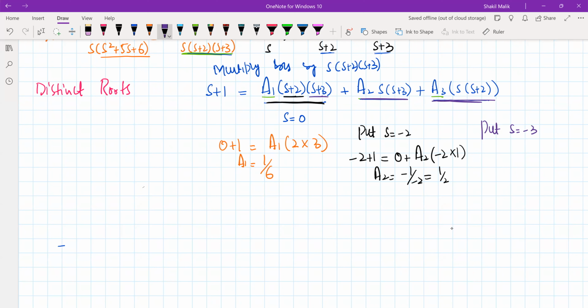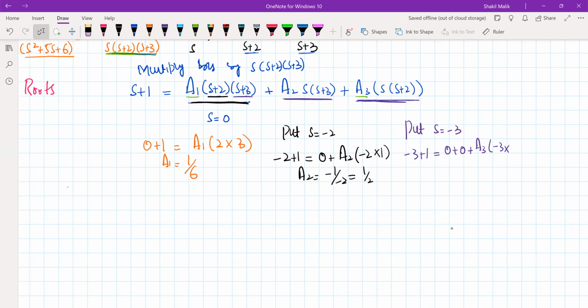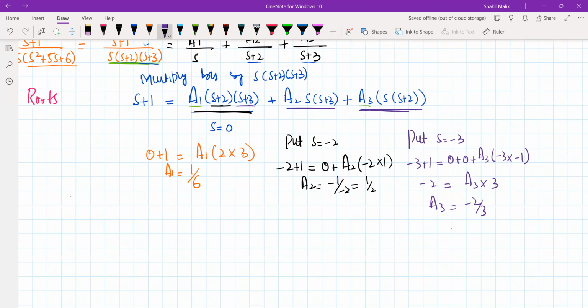So when we put s equal to minus 3, it will be minus 3 plus 1, that's equal to minus 2, that's equal to a3 times, s is minus 3, so it's minus 3 minus 1, right? s plus 2, when s is equal to minus 3, will be equal to minus 1, so it is minus 1 times minus 2, that's equal to a3 times 3, that means a3 is simply minus 2 by 3. So now we have found the value of a1, a2, and a3.